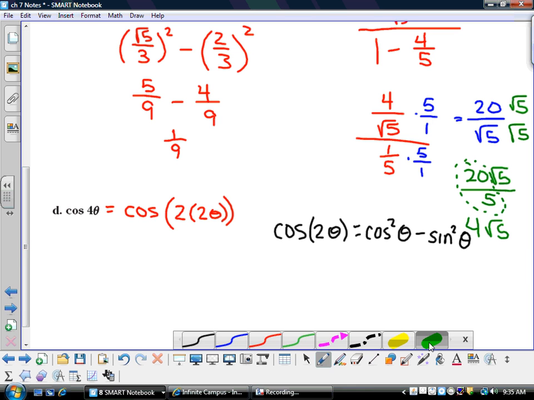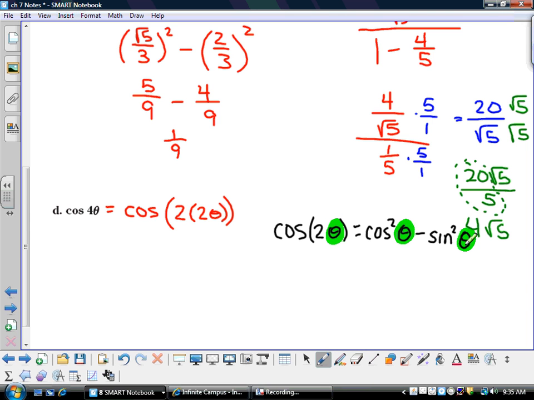That's the formula from earlier today. In this case, our something that's being multiplied by 2 is 2 theta. So I'm going to put 2 theta in everywhere this formula had just a theta.